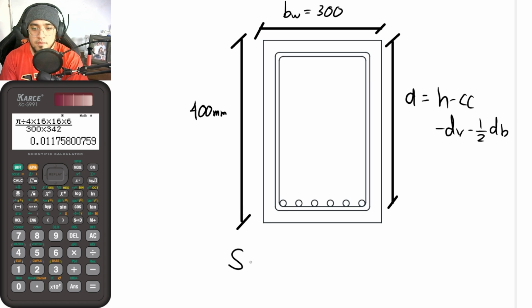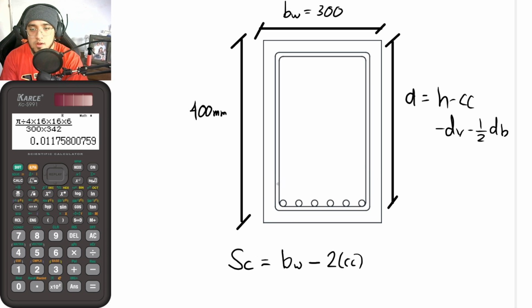So for the clear spacing SC, that is equal to the whole beam width, B sub W, minus twice the concrete cover, since we have a concrete cover here and concrete cover here.